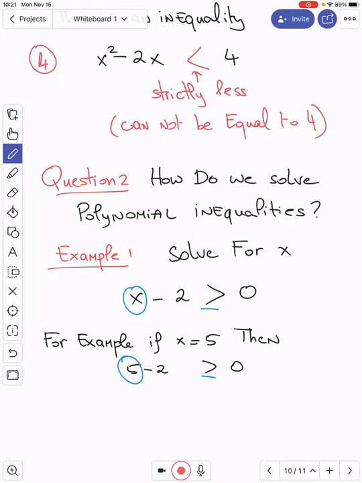If x is 5, then 5 minus 2 would be 3, which is larger than 0. So 5 is one possible solution for this inequality. It's just one solution.